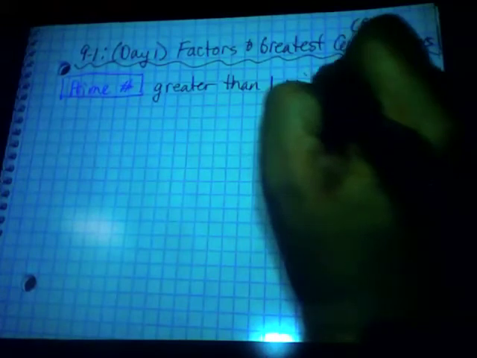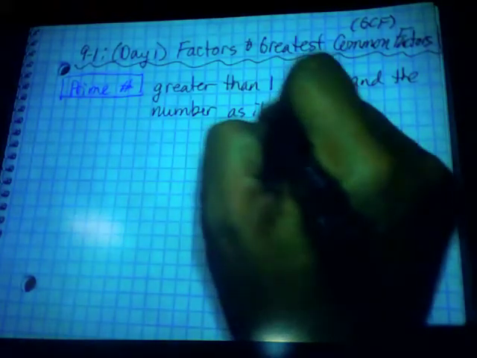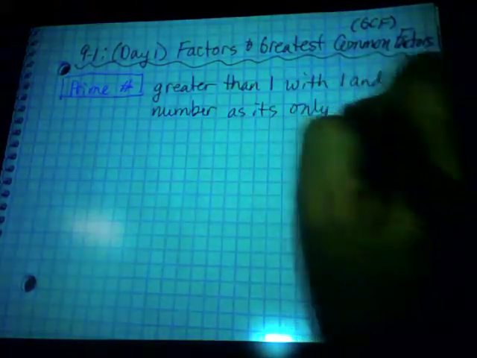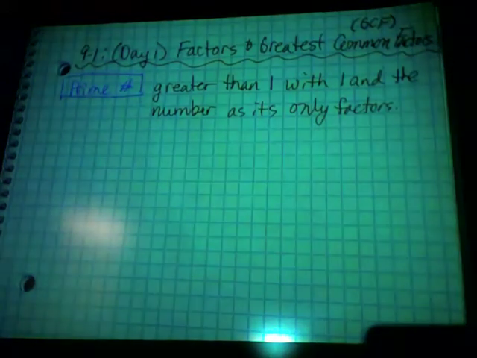The definition is, for a number to be prime, that it must be greater than 1 with 1 and the number as its only factors. Now remember, factors are numbers that multiply to give you another number. So why is 1 not prime?